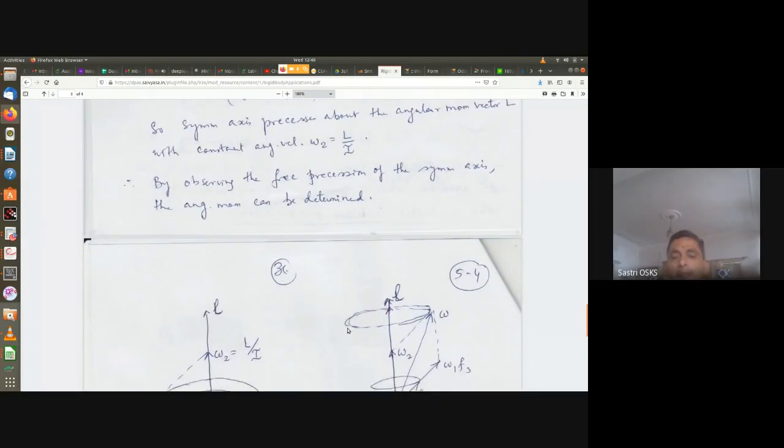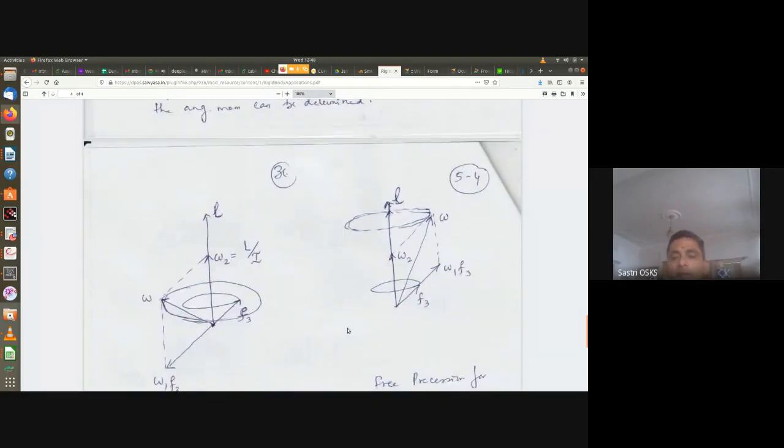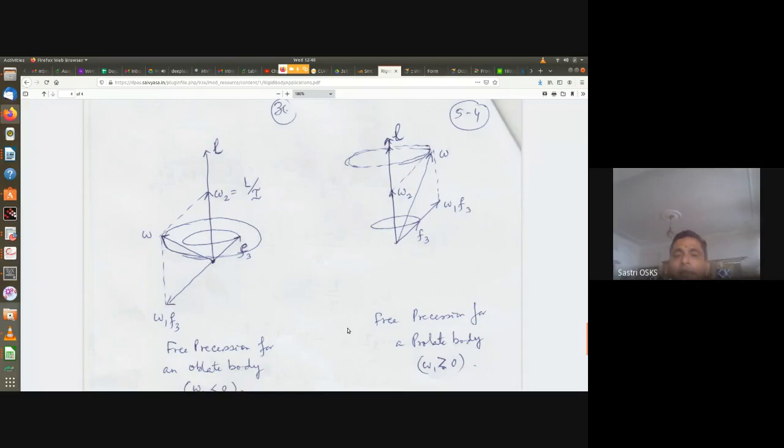Now have a look at the thing. So this is your angular momentum axis, and this is the vector omega 2, which is equal to L by I. So if this is your F3, then omega 1 F3 will be in this direction.